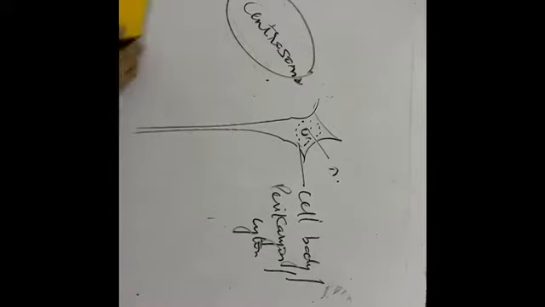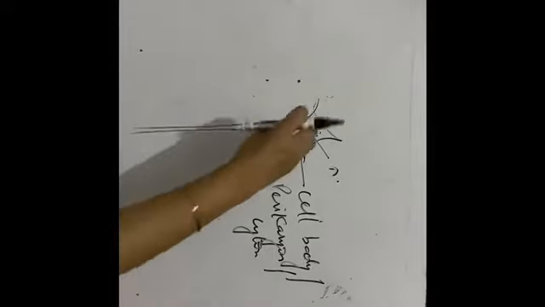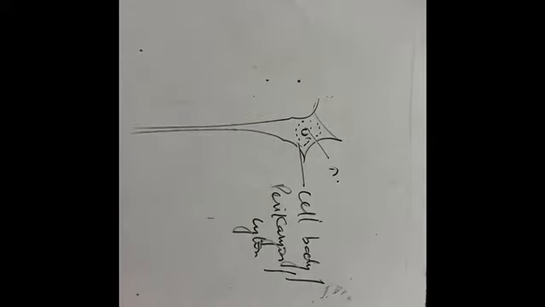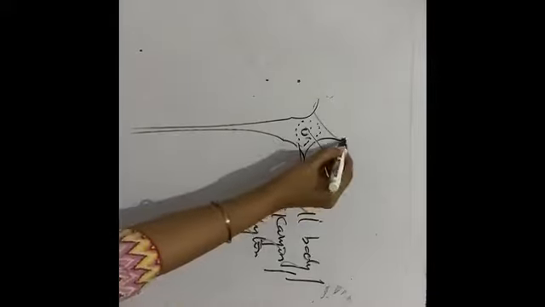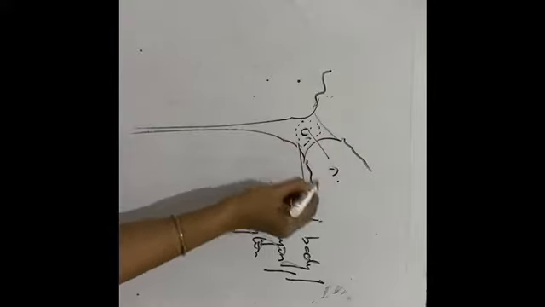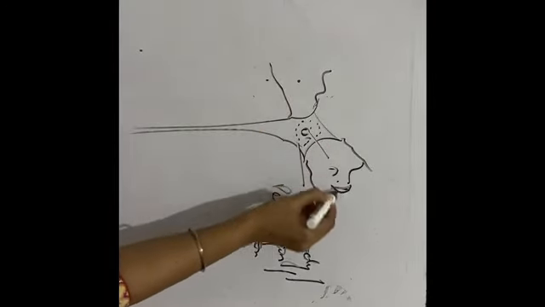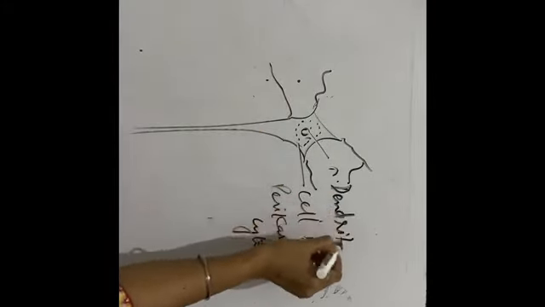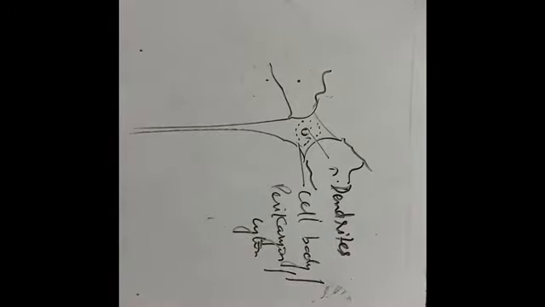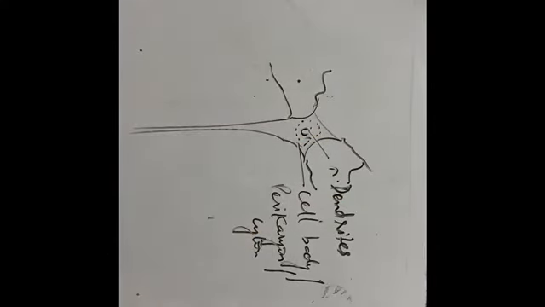Okay, so this is the major portion, the cell body, the cyton or the perikaryon, and from this arise some projections, and these projections are known as dendrites. They collect the message from the surroundings and give it to the cell body, right?